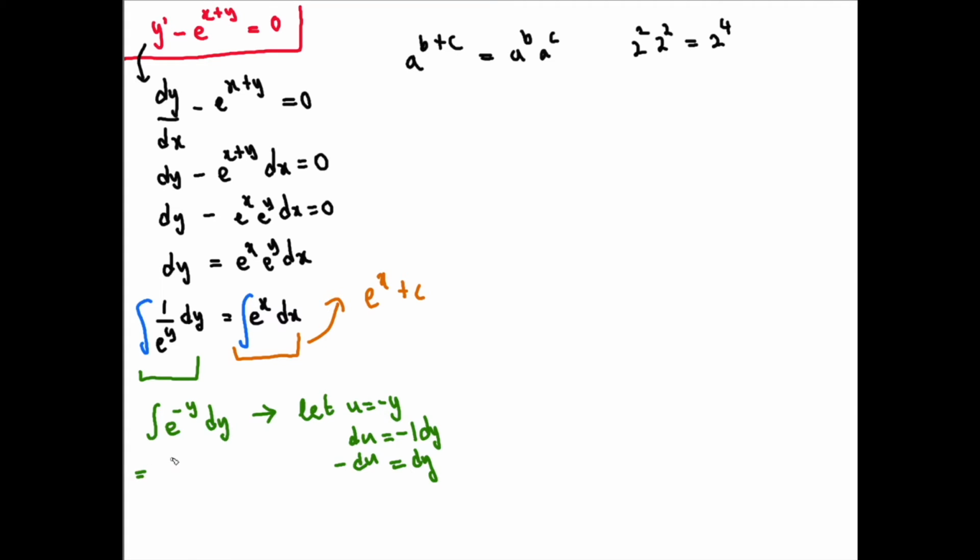This is the same as saying the integral of e to the u multiplied by minus du, and we can bring this negative sign outside. So it's just minus times the integral of e to the u, which is just e to the u, plus c.